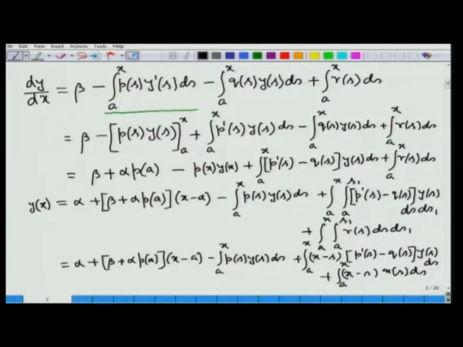Now, you can see the first two terms, that is alpha plus beta plus alpha p a into x minus a, is a known quantity. r s is a given function, so you can find out integral a to x of x minus s r s ds. The third and fourth terms involve y s, which actually involves the unknown quantity y.